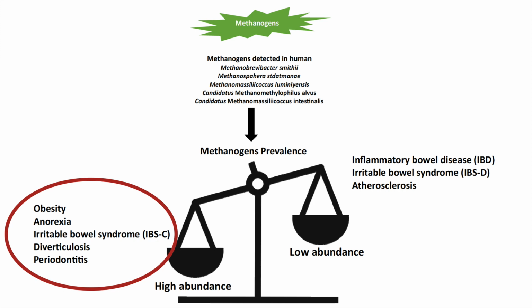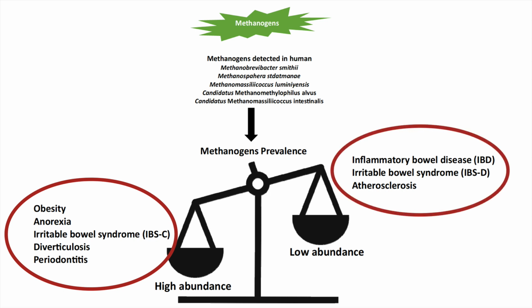So again, just as a side note, methanogens are also found potentially in the oral cavity. In terms of low abundances, those have been mostly associated with inflammatory bowel disease, as well as irritable bowel syndrome diarrhea dominant, and then some indication that there may be an association with atherosclerosis as well.